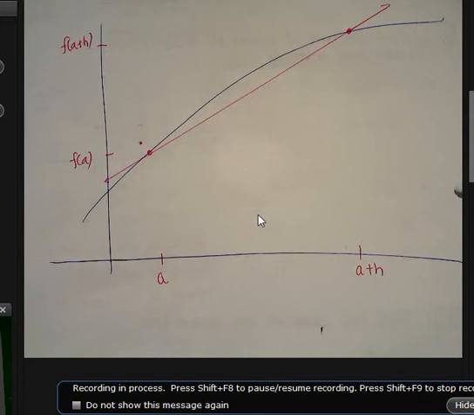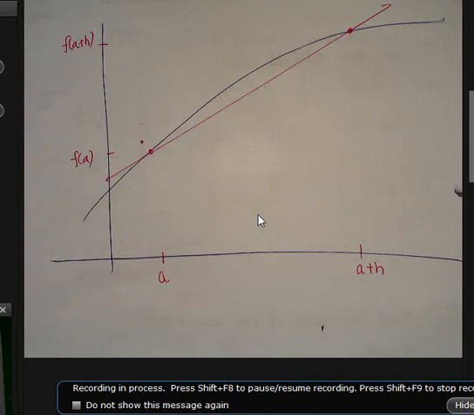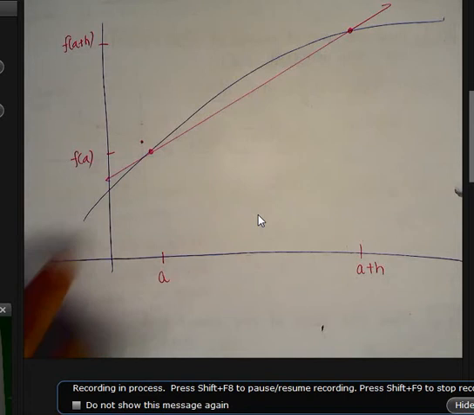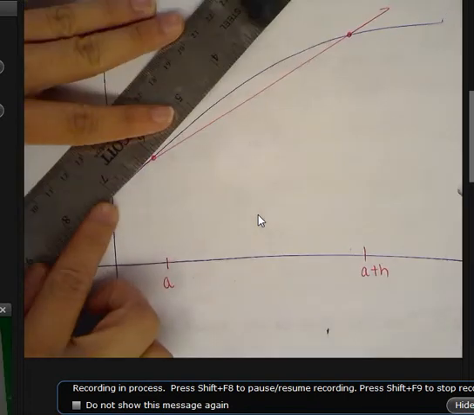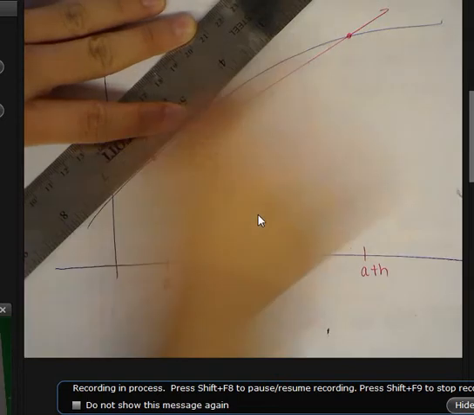This touches the curve at 2 points. But can you imagine a line that touches the curve only at 1 point? Change the slope a little bit. Think of it like a bullet just grazing the head, right? So if I change it like this maybe, then it would be tangent. It would just touch the curve at 1 point, right?